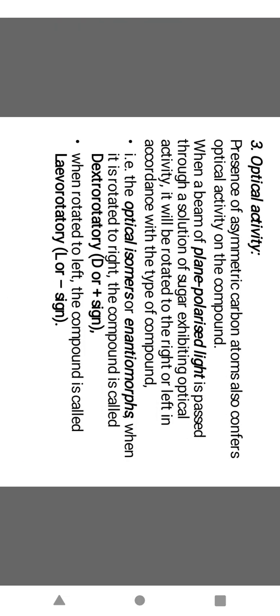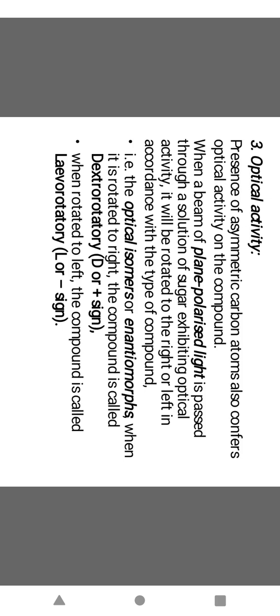So next we see about optical activity. The presence of asymmetric carbon atoms also confers optical activity on the compound. When a beam of plane polarized light is passed through a solution of sugar exhibiting optical activity, it will be rotated to right or left in accordance with the type of compound.